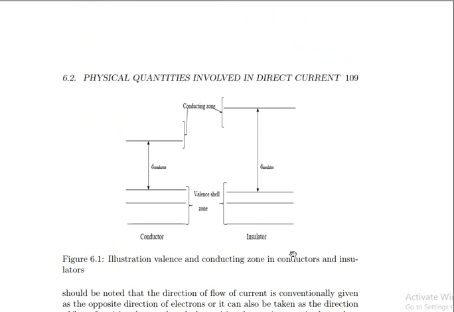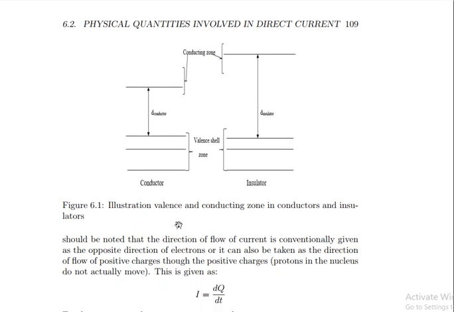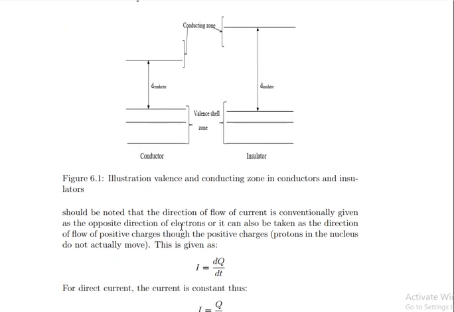We need to note that conventionally current is taken from the positive terminal to the negative terminal, but the positive charges, which are the protons, do not flow. Instead, it is the electrons which flow from the negative terminal to the positive terminal. So by convention, we say that current moves from the positive side of the battery to the negative side.